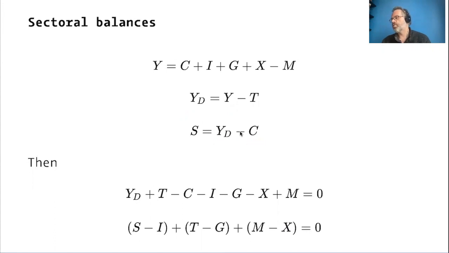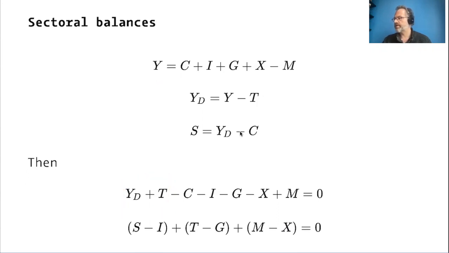So now we can combine all these things. We'll subtract the left side of this thing from the right side of this thing. So y equals yd plus t, so we'll change y into yd plus t.